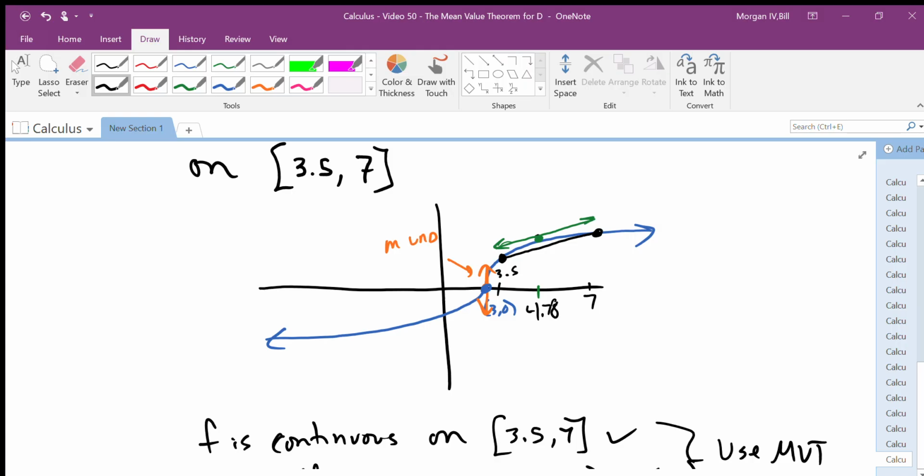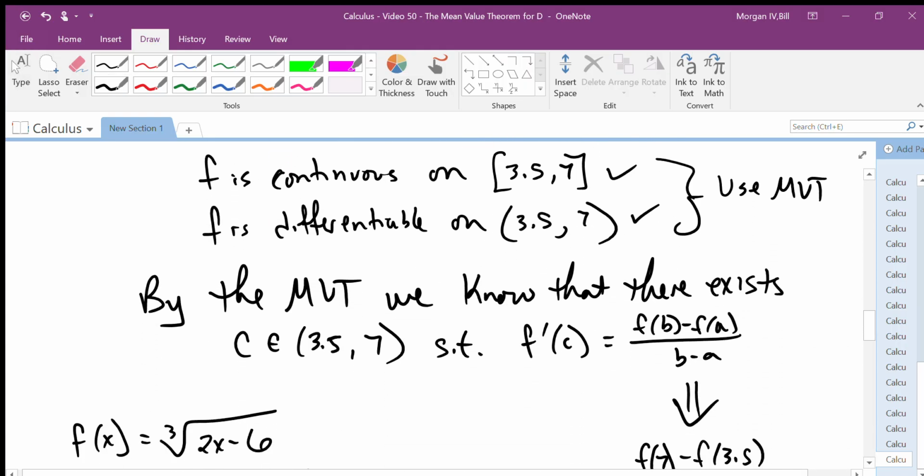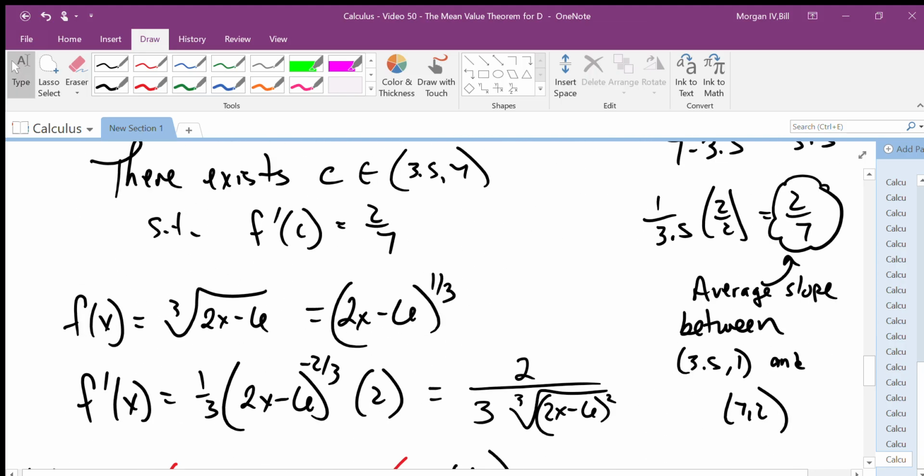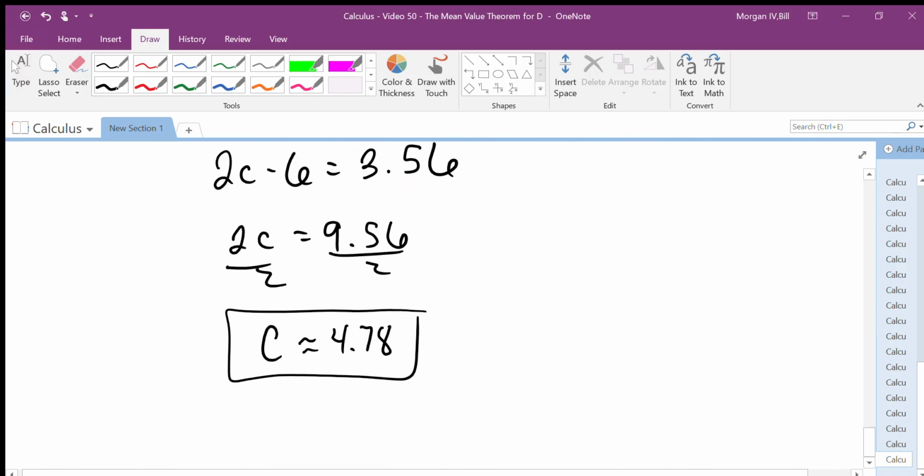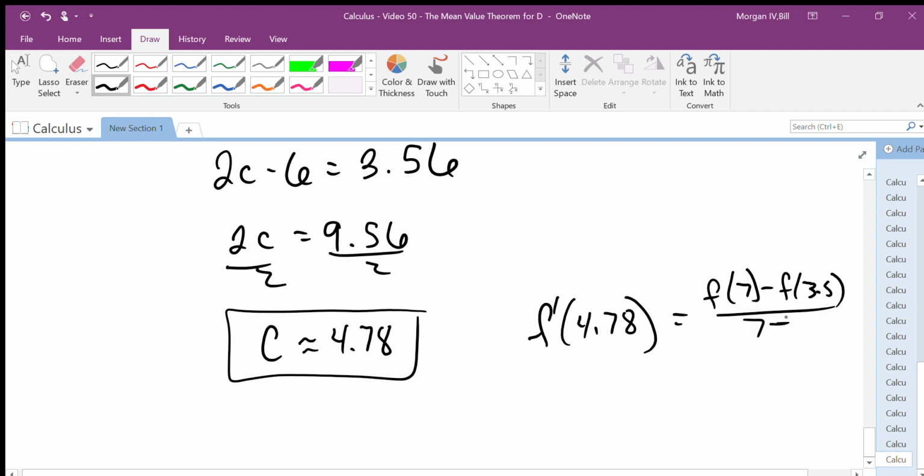And I think we've done it. We have used the mean value theorem to find the c value, in this case 4.78, such that f prime at 4.78, the slope of that, is equal to f of 7 minus f of 3.5 over 7 minus 3.5. In other words, both slopes should be 2/7.